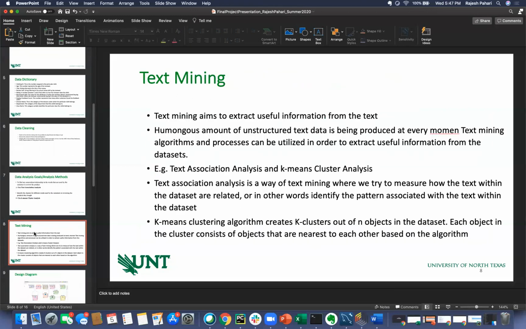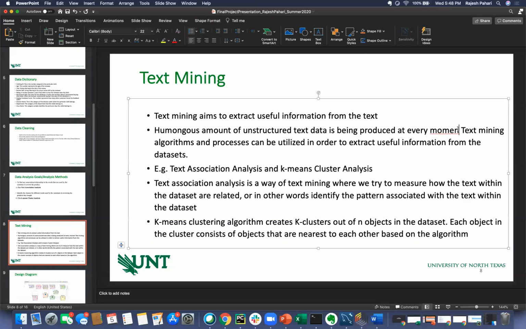Now let's talk about text mining. Text mining aims to extract useful information from text. A lot of unstructured text data is produced every moment, so text mining algorithms and processes can extract useful information from those datasets. Like we talked about earlier, text association analysis and K-means cluster analysis can be two ways of doing that, and there are several more as well.